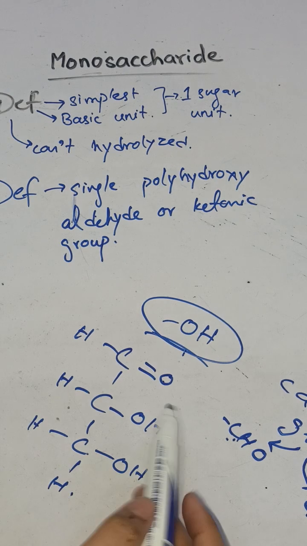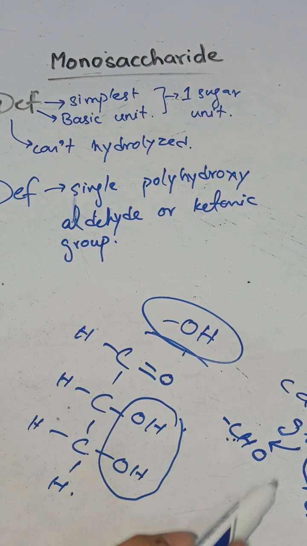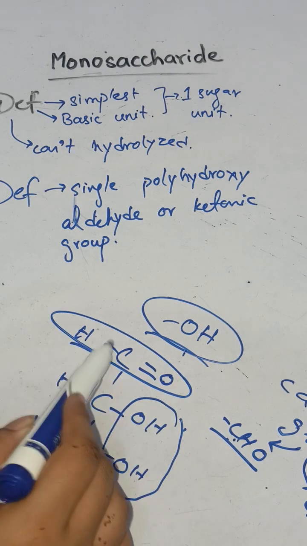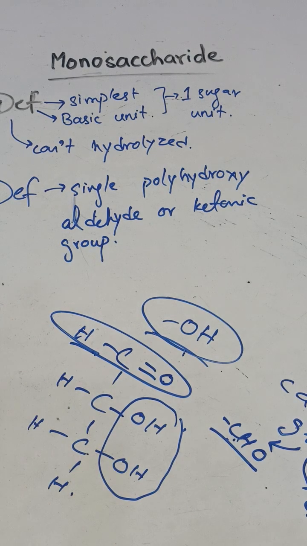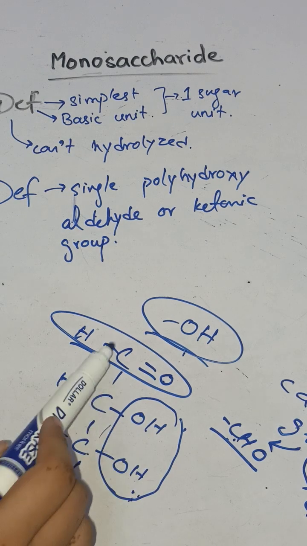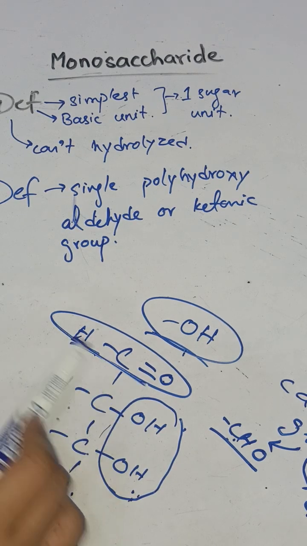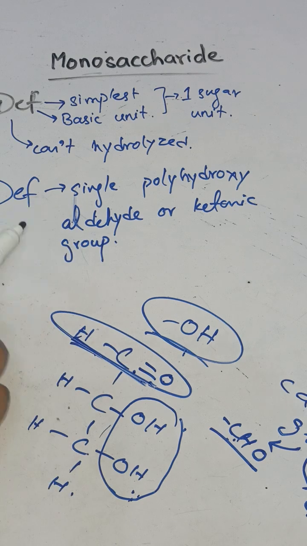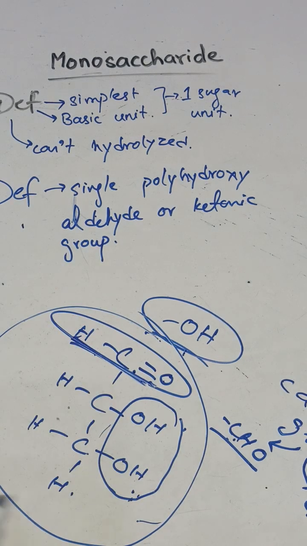Now this sugar has many hydroxy groups but only one aldehydic group. So any structure having many hydroxy groups and an aldehyde or ketonic group means it is a sugar. Now it has become a sugar.